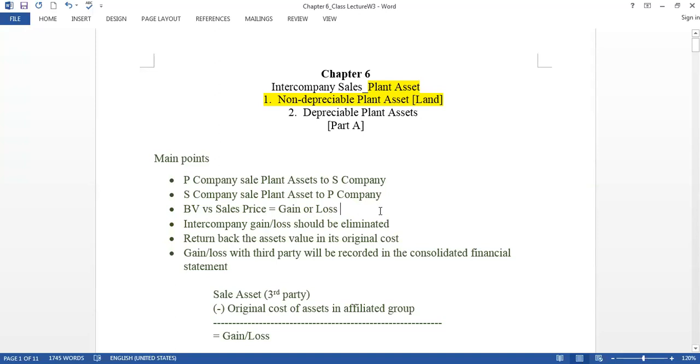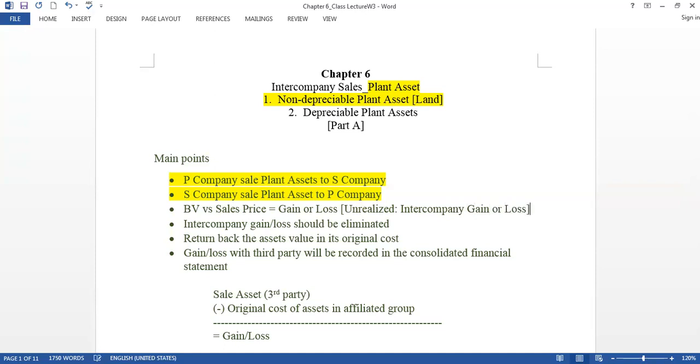So this gain or loss is related with, because you can see that the first two transactions are related with intercompany, right? Intercompany sales of assets. Clear? So if we have this kind of intercompany sale of an asset, we have to calculate the gain or loss, and this gain or loss is unrealized.